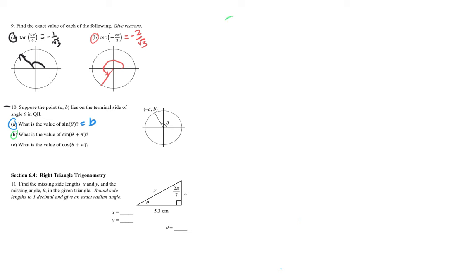So next we want to look at what sine of theta plus pi is, right? So we need to add pi to this theta, and it's going to put us in this fourth quadrant over here, making our a positive and our b negative. So we want to know what sine of our new value is, which is going to be our y value there, so it's just going to be negative b.